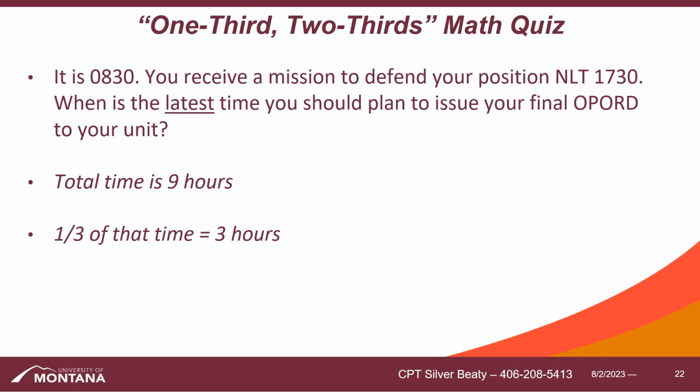So we add 3 hours to 0830, which means you should be issuing your op order no later than 1130. It also gives you 3 hours to go from issuing your WARNO to issuing your op order, completing all those steps in between. And who said that you are never going to have to do math again, right?